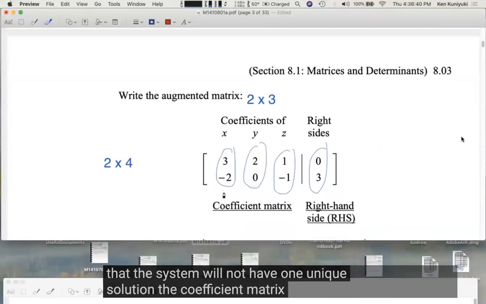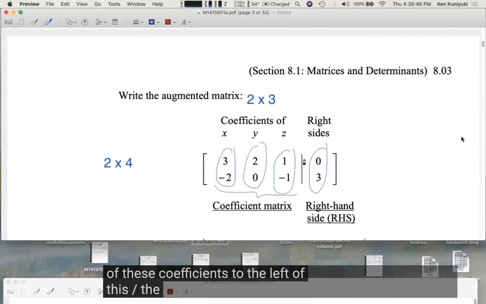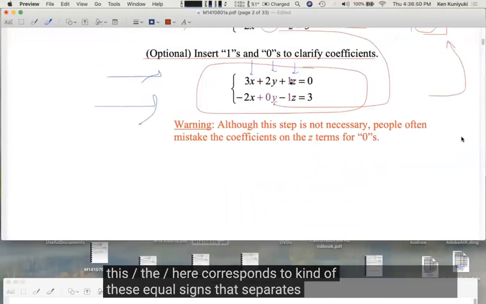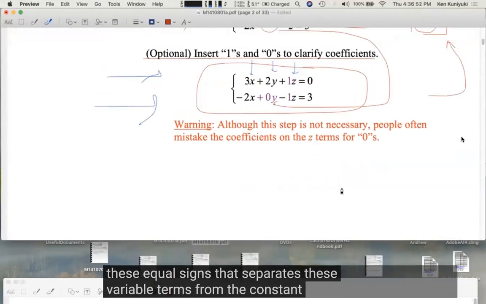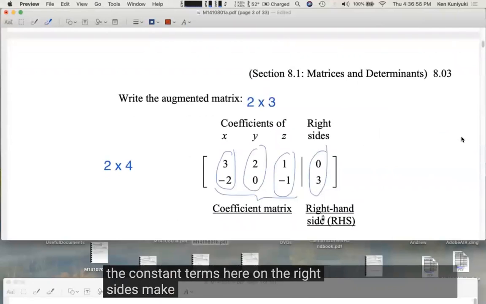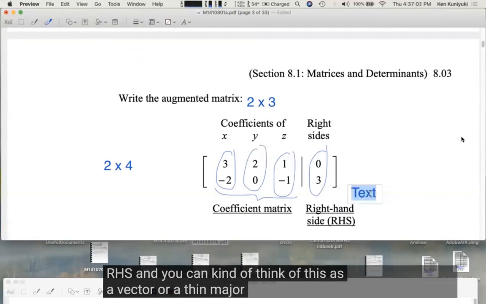The coefficient matrix consists of these coefficients to the left of this slash. The slash here corresponds to the equal signs that separate these variable terms from the constant terms. The constant terms on the right sides make up the right-hand side, the RHS. You can think of this as a vector or a thin matrix.